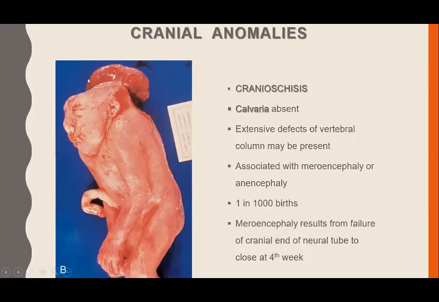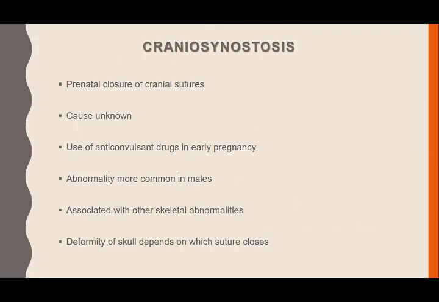So the cranial most part of the neural tube that fails to close or fails to fuse, whatever you want to call it, and that results in failure of the brain to develop. जब brain नहीं होगा तो उसे calvaria develop नहीं होगा because the brain induces the overlying mesenchyme to develop into calvaria.